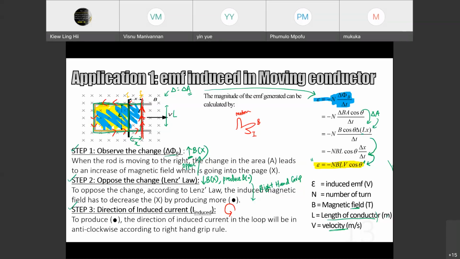However, I do not encourage you to use Fleming's right-hand rule because it's only applicable to certain scenarios, not all types of application, especially when it comes to the inductor. That's why we are teaching you Lenz's law in your syllabus, in your foundation.